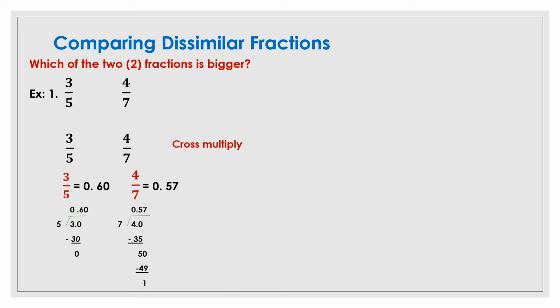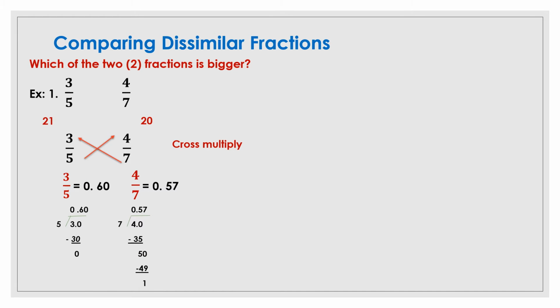Another, kung magko-cross multiply tayo, halimbawa, itong denominator ng ikalawang fraction, i-multiply natin sa numerator ng unang fraction. So, 7 times 3 is 21. 5 times 4 is 20.